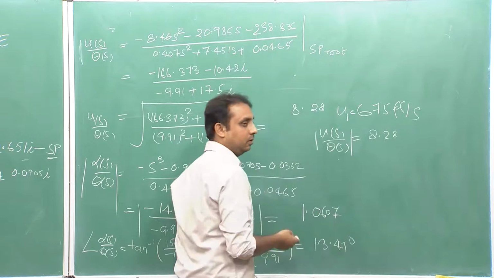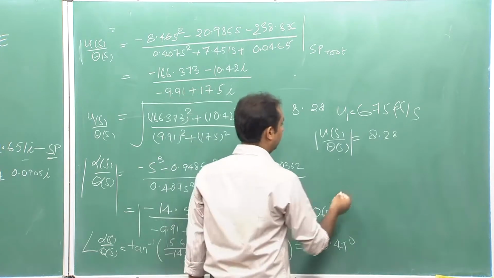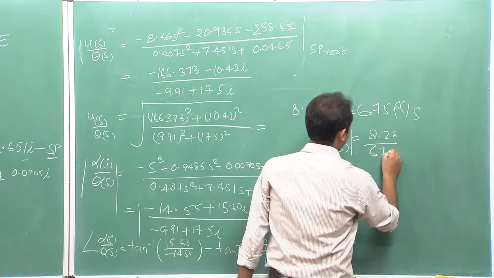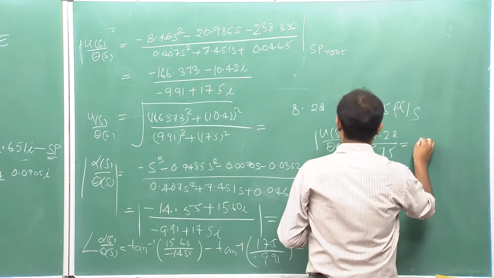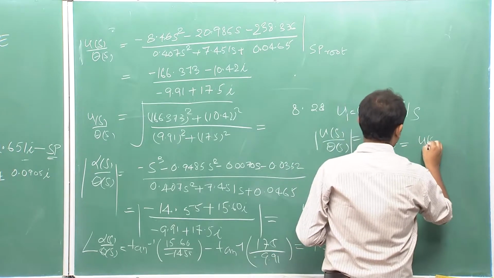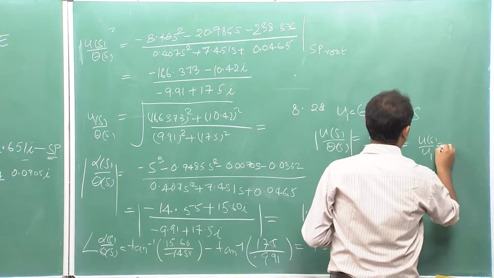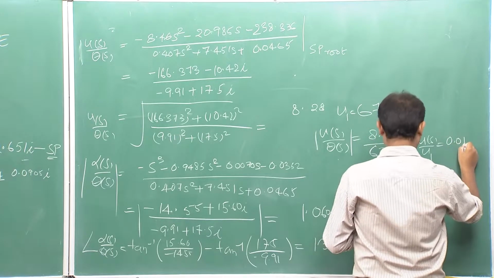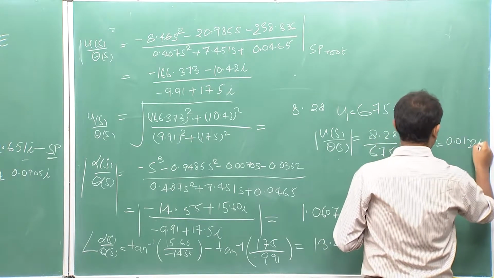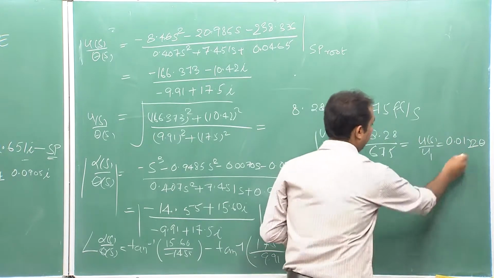When divided by your initial velocity u1, that is 675, you will get u of s upon u1 in terms of theta as 0.0122 theta, which is a very small quantity.